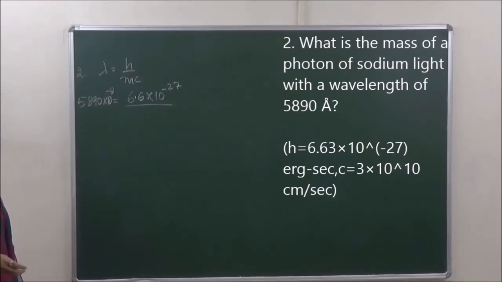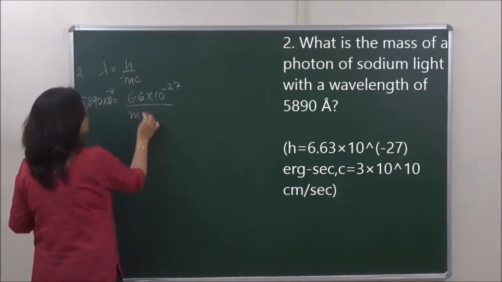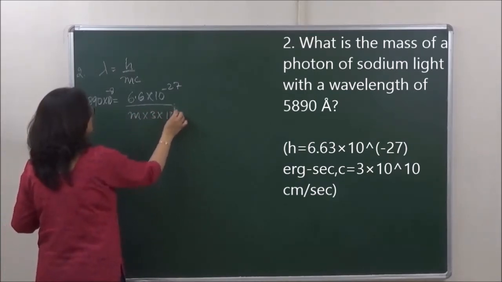And then what else? M we have to calculate, and the velocity of light is given as 3 into 10 raised to power 10.